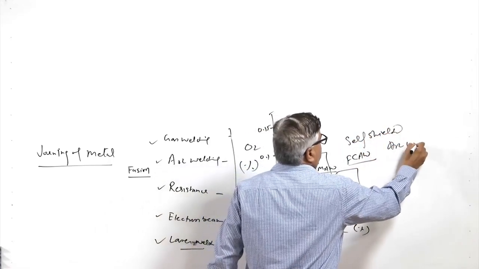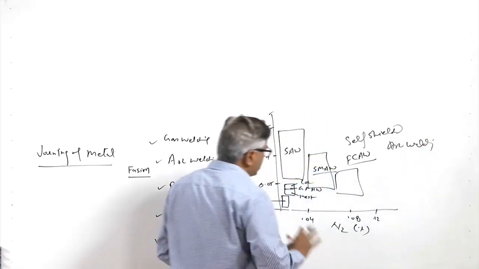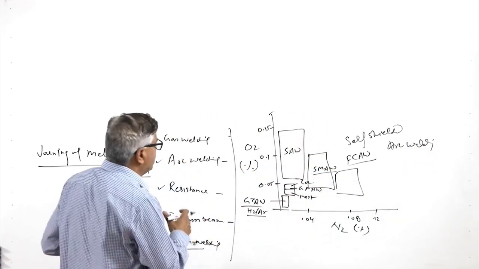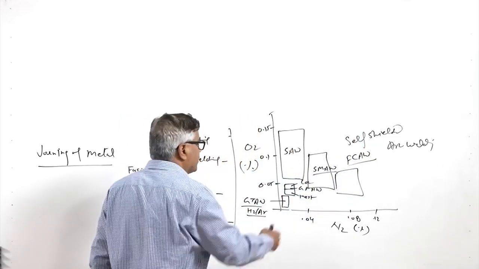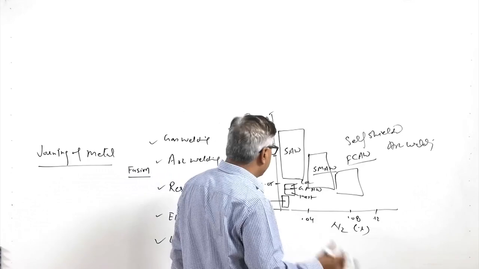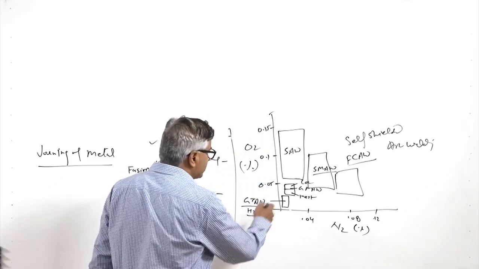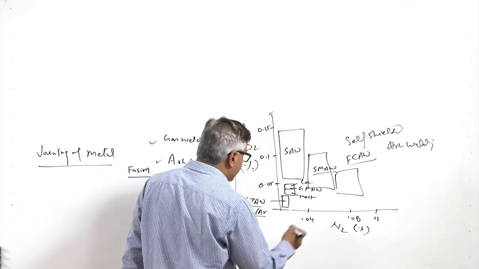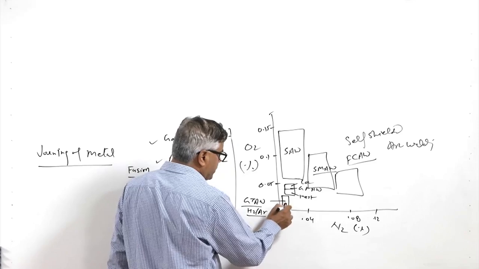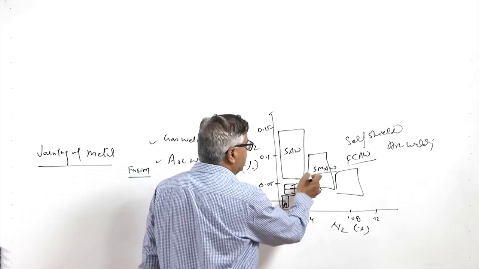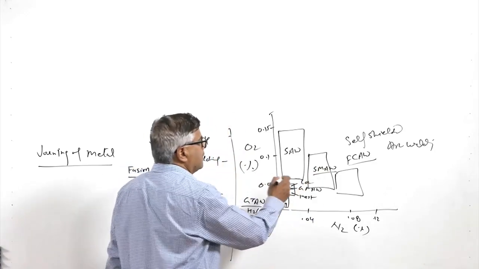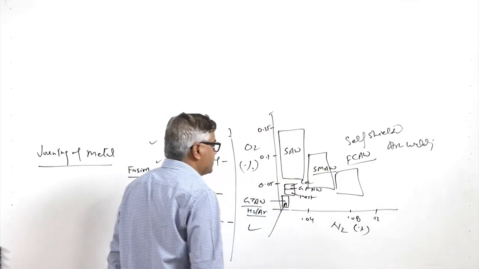arc welding processes. So, all these are different arc welding processes which use different approaches for protecting the weld metal. That is why the cleanliness of the weld metal is different. The cleanest weld is produced among all these welding processes by GTAW, thereafter it is GMAW and SMAW, SAW and FCAW.